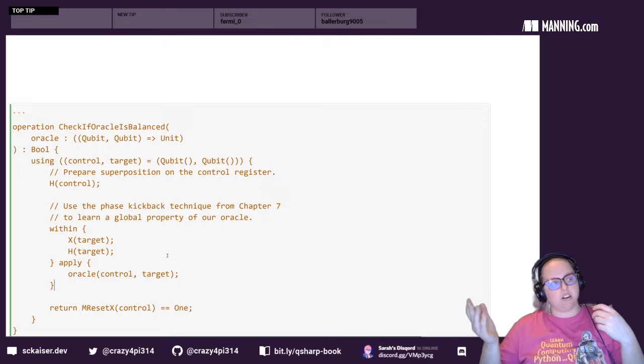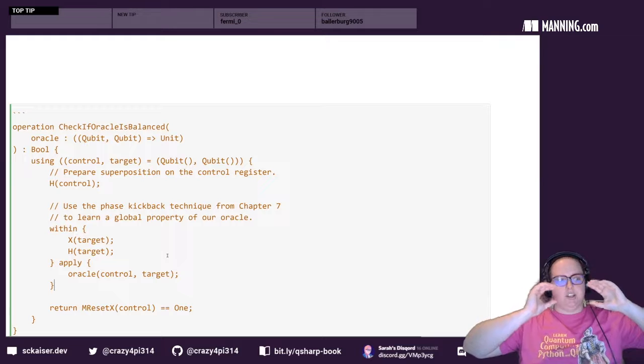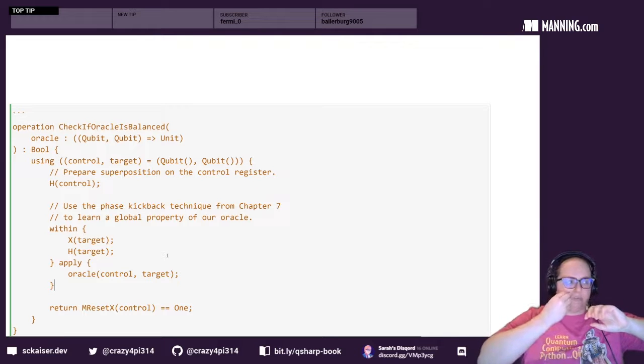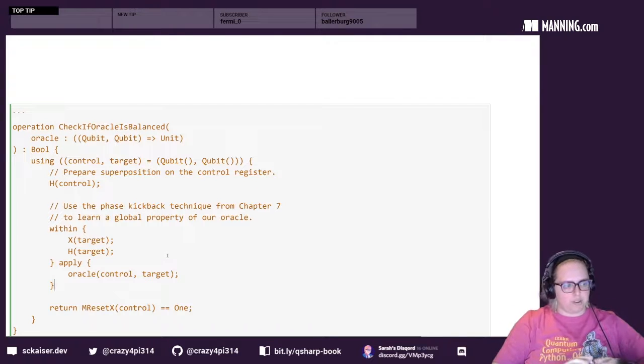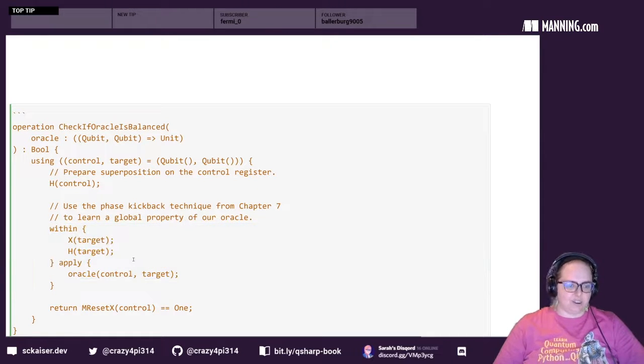It's a common pattern in quantum algorithms to do some preparation, do something in the middle, and then undo your preparation. The within apply block structure makes that really easy because I don't have to remember to undo everything at the end. It's kind of like having automated memory management, or at least that's what it feels like to me. I don't have to manually manage this. Q# takes care of it for me. That's the basic gist.